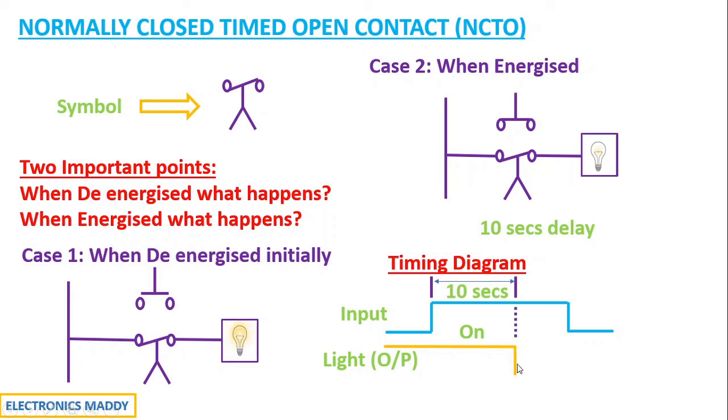So the output goes to 0 in this particular fashion, and after some point, if the input goes low, again what happens? It becomes de-energized. Whenever it is de-energized, instantly it will go to high state and be in on condition, and the light starts glowing again. So this process takes place instantly. Once the input goes low, the output will go high. That is one of the most important observations. I hope the timing diagram pretty much sums up the operation and you were able to understand this.